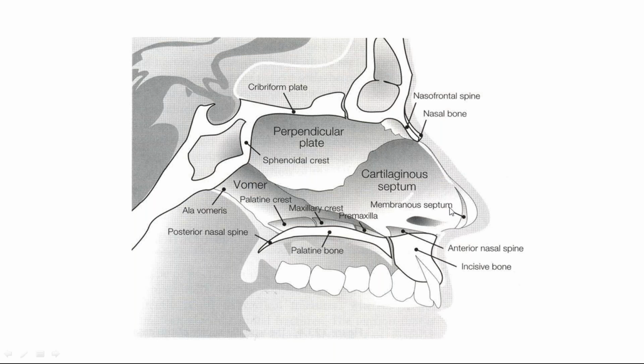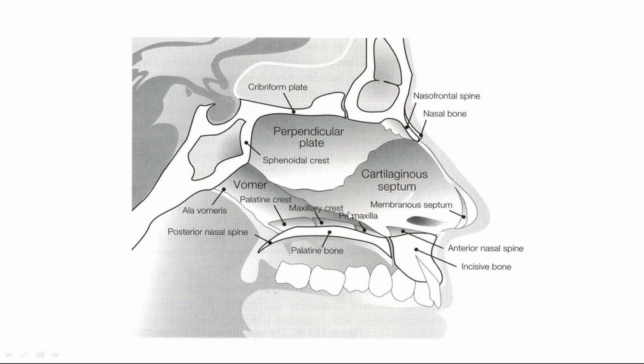This is the dorsal strut, and here you have the caudal strut. These two, the L-shaped piece of cartilage, are very much essential to give support to the cartilage. Otherwise, if you remove the dorsal strut and the caudal strut, there will be a collapse of the cartilaginous septum.